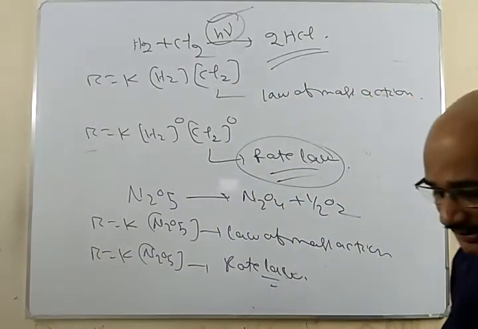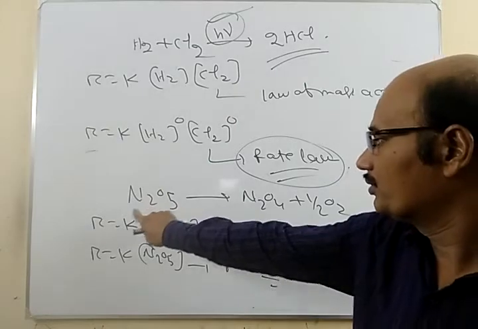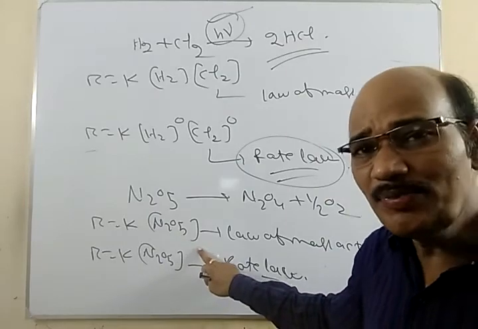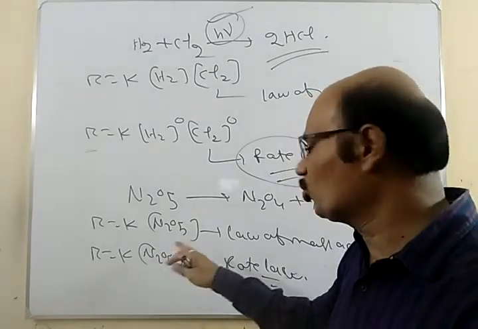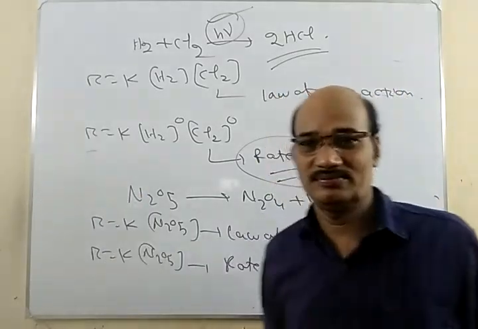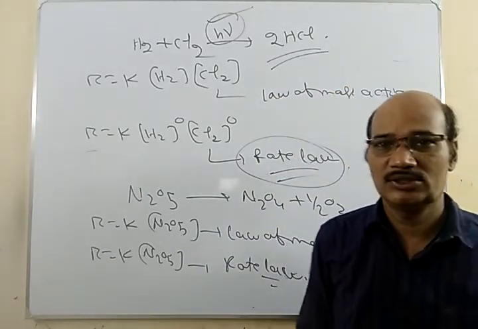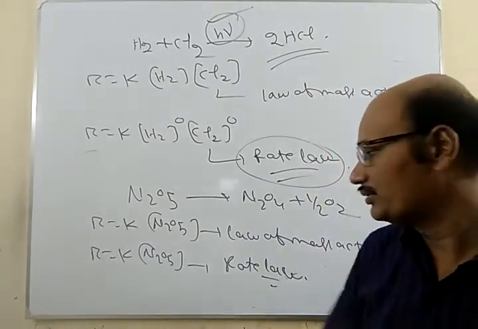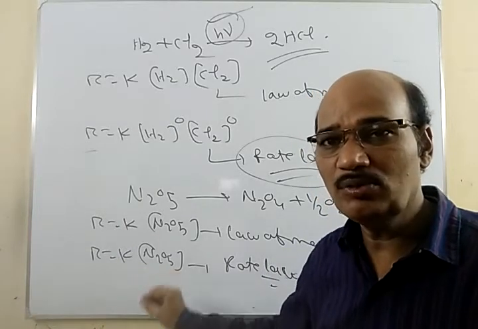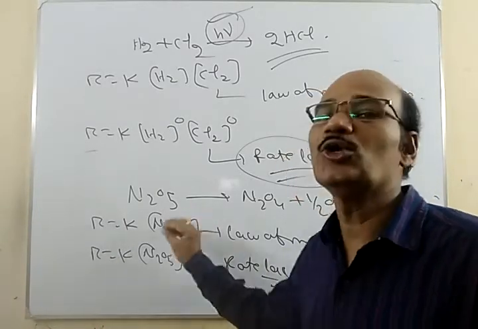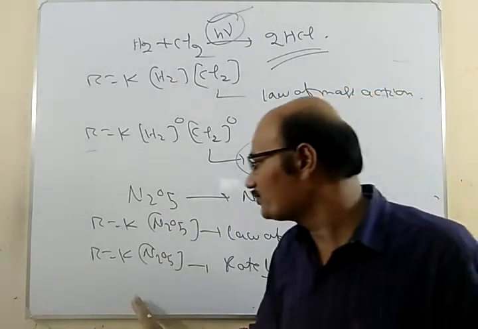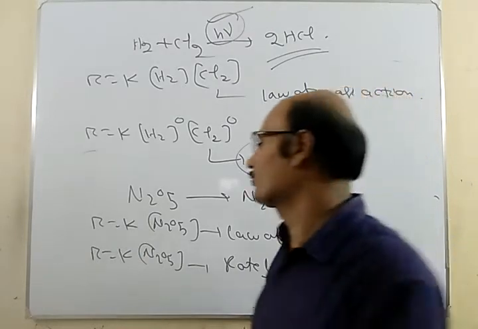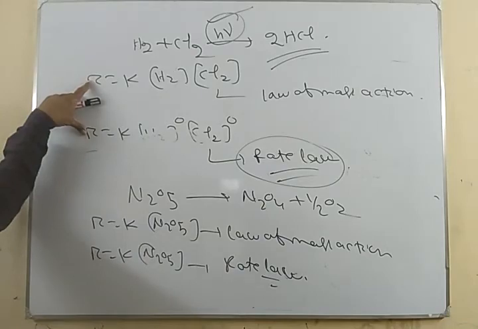So when we are taking the reaction N2O5, R equal to K [N2O5], and if we are doubling the concentration of this N2O5, then the rate becomes double. So if you make it 2 times, the rate becomes 2 times. That is, the rate depends upon the concentration of only one reacting term, N2O5. So here the rate law and the law of mass action are both equal. Okay. And in the earlier case it's not equal.